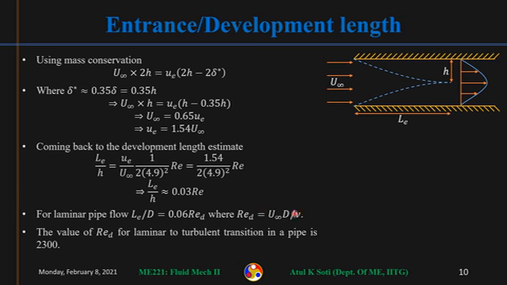This also is valid for laminar flow only, because whatever boundary layer approximation we were using, the flat plate boundary layer approximation, is derived for laminar flow. We have not derived anything for turbulent flow. Whatever we have done is for laminar boundary layers. So these approximations are for laminar flow in a pipe or channel.